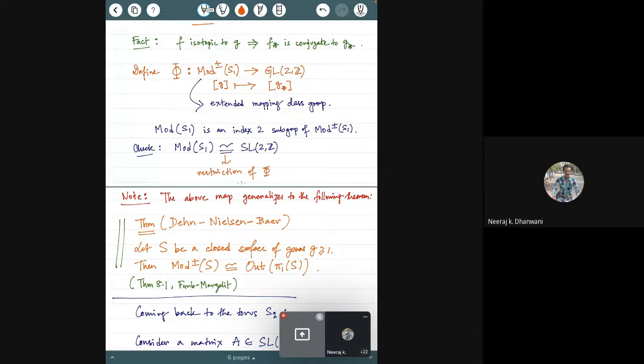That I think is true. I'm not sure, please correct me if I'm wrong. Otherwise, I'm not getting why this map is well defined, because you can choose two representatives, they will go to different elements. Even if those elements are conjugate, you will go up to conjugacy, and then you will not lie in the GL2Z, but in the quotient of that.